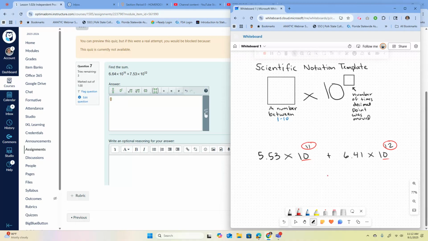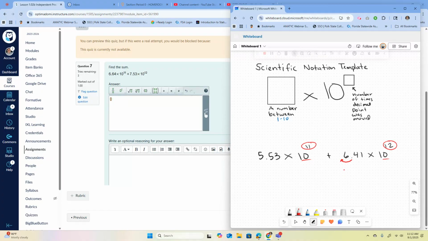What does that mean? I'm going to have to change the exponent of one of these numbers in scientific notation, so it becomes the same as the other one. I prefer taking the 6.41 times 10 to the 12 power. I'm going to move the decimal point one time to the left, because I want to make the 12 into 11.